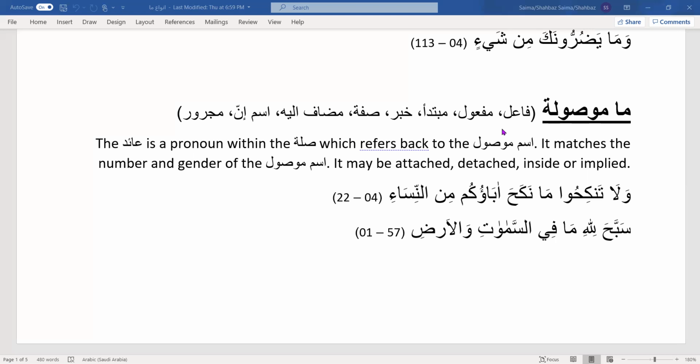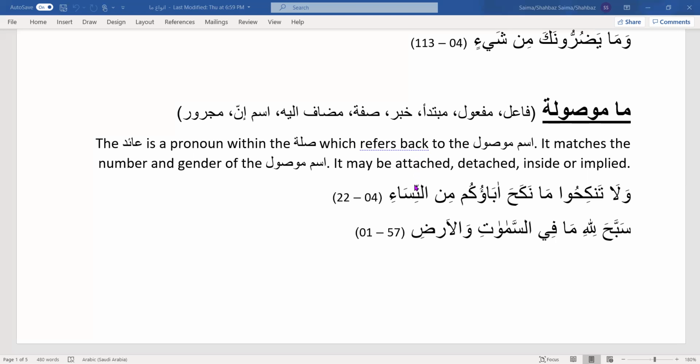And when ma mausula and its sila are combined, then they play a role in a sentence. Their role could be fa'il, maf'ul, mubtada, khabar, sifa, mudaf ilayh, ismu inna, majroor. It could play any of these roles in that jumla where ma mausula comes with its sila.